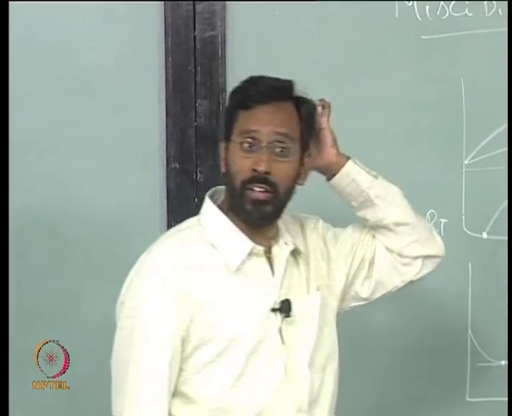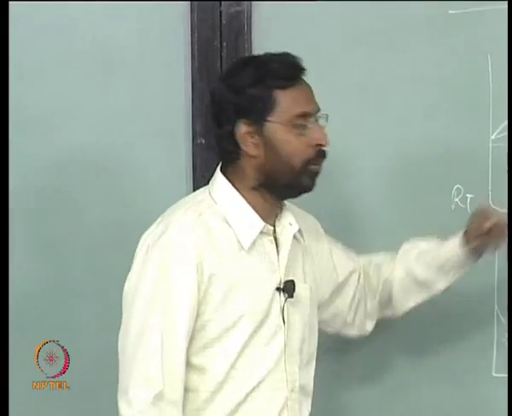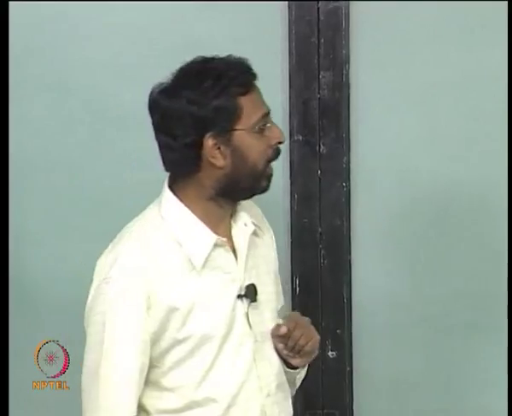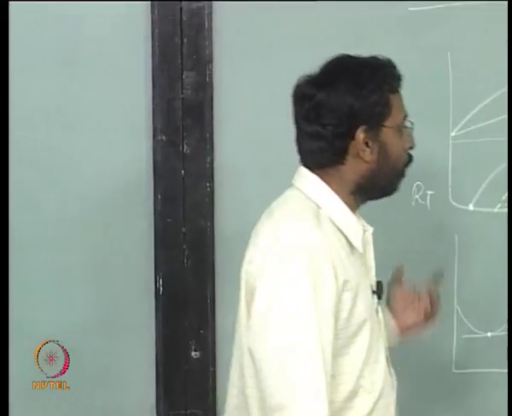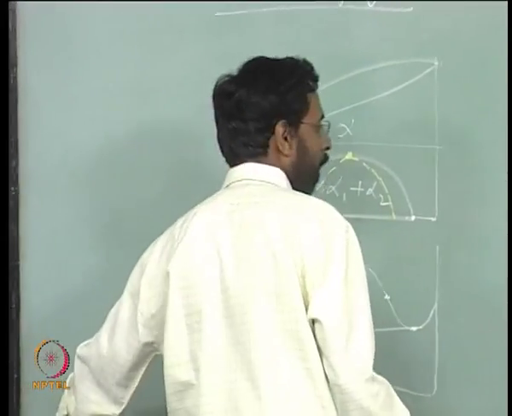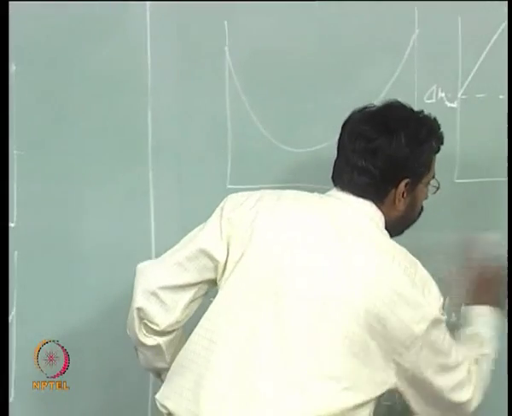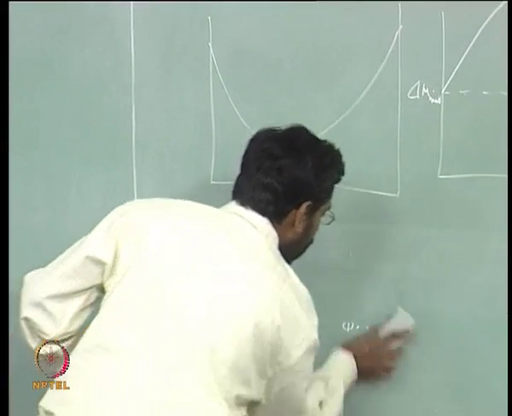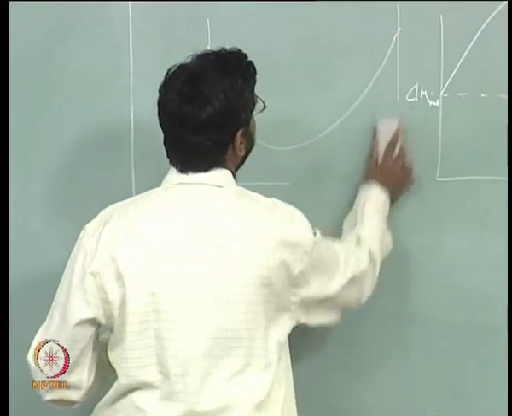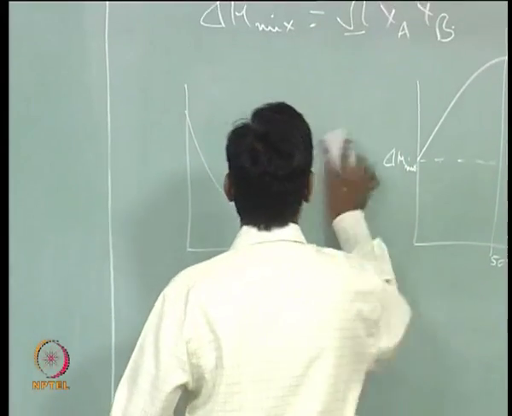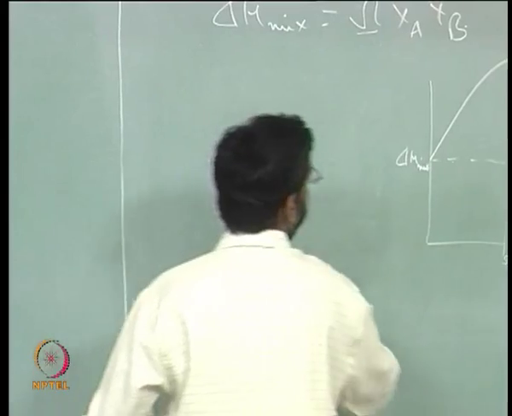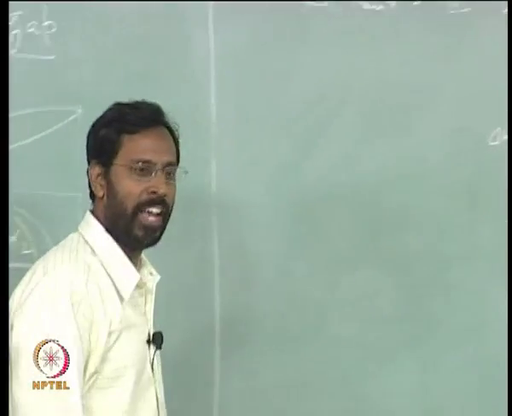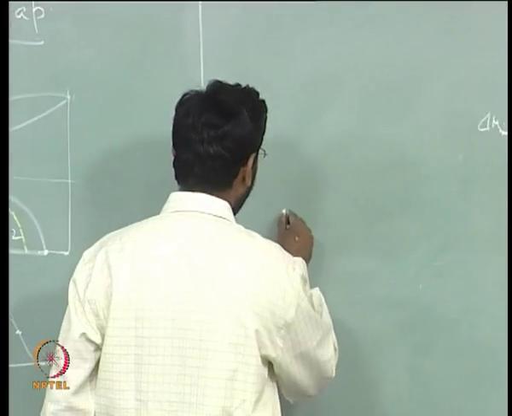Then the next question is, what is the temperature at which you get this maximum? If you want to look at that, we said one easy way to look at it, which is what many of you have actually done, but at the same time I said the correct way of doing it is another way which many of you have not done. So, I said the easy way is to see what is the free energy.